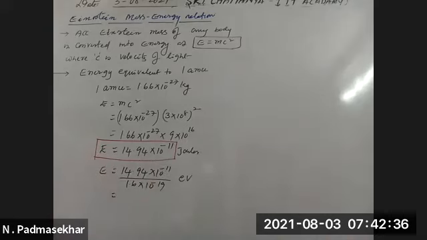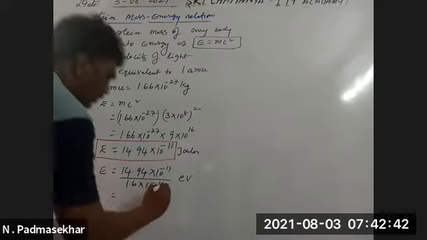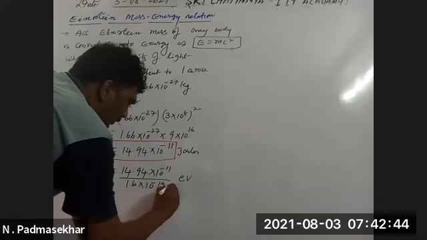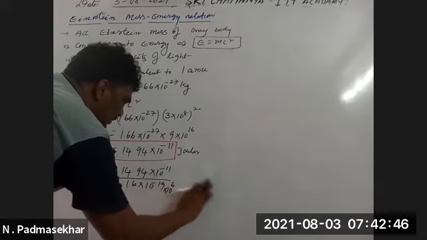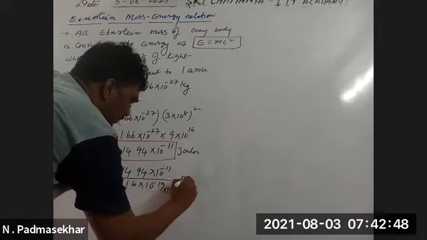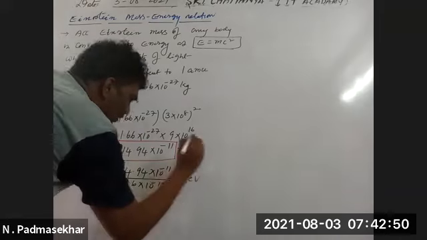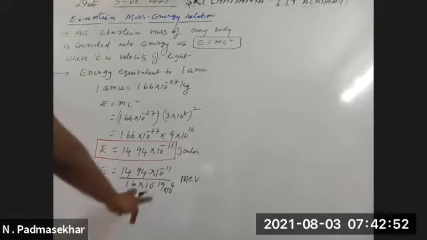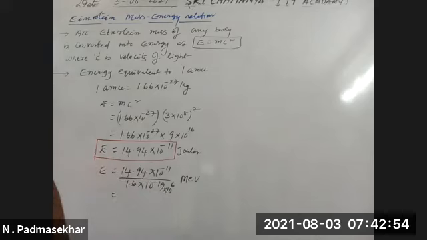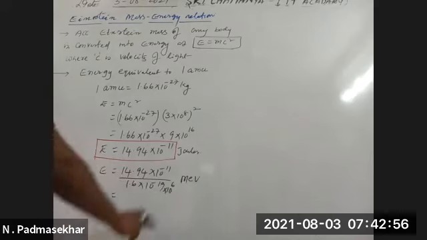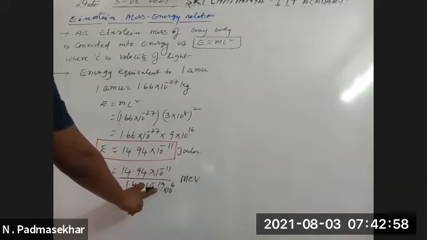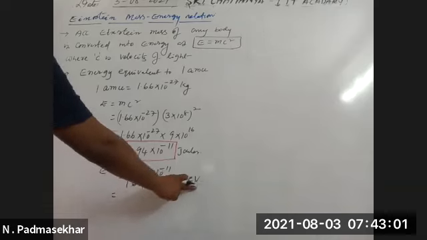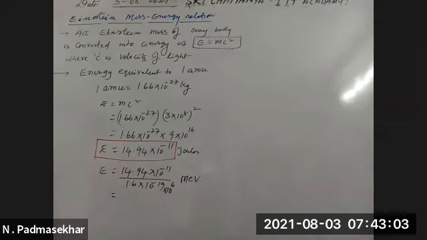Suppose I convert it into million electron volts, that means into 10 power 6 here. So 10 power minus 19 into 10 power 6, then it is converted into million electron volts.